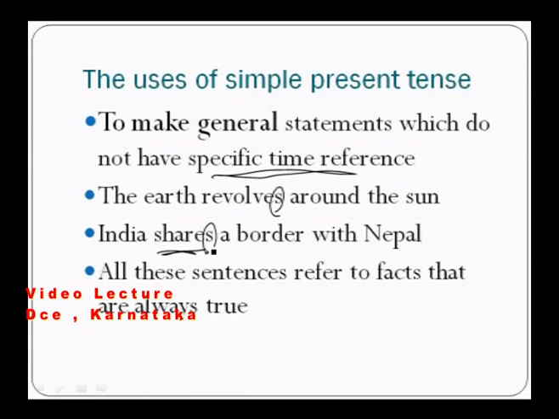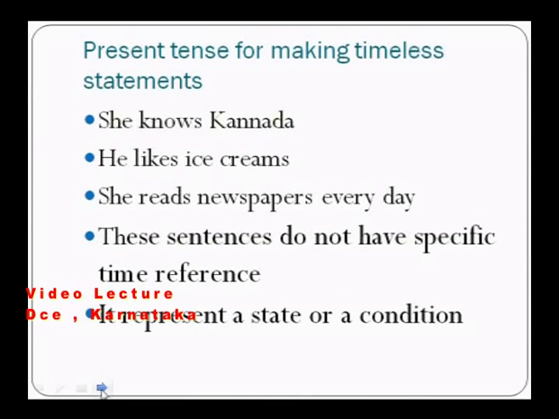So, these sentences refer to a time which began in the past and shall cover the distant future also. Present tense for making timeless statements. That means for timeless statements also we can use present tense, in continuation with the previous slide.